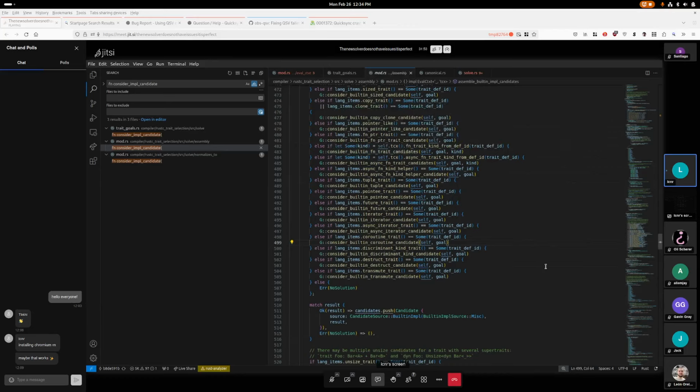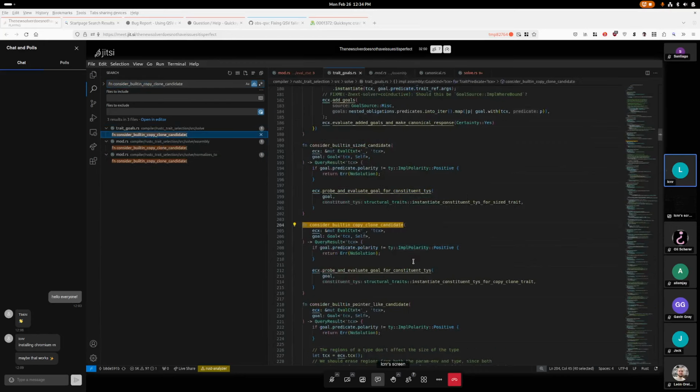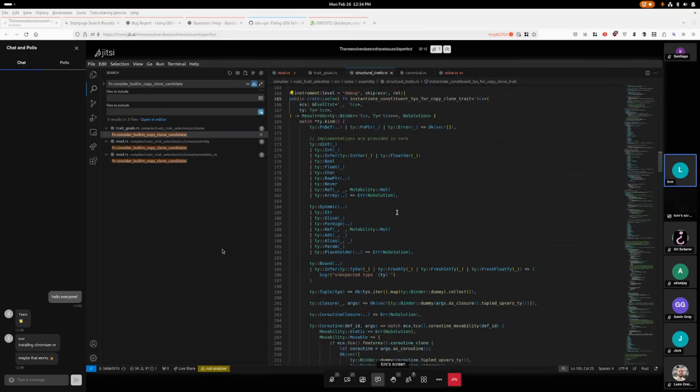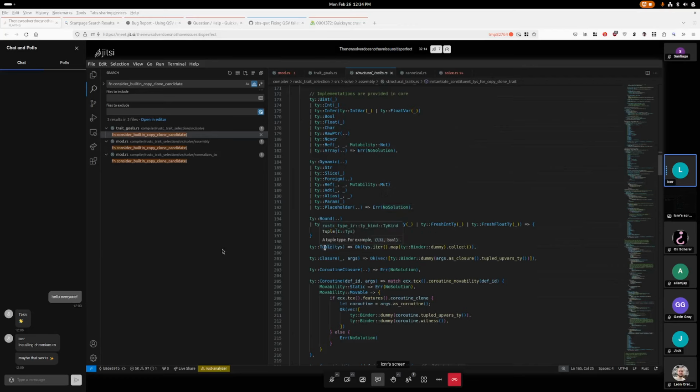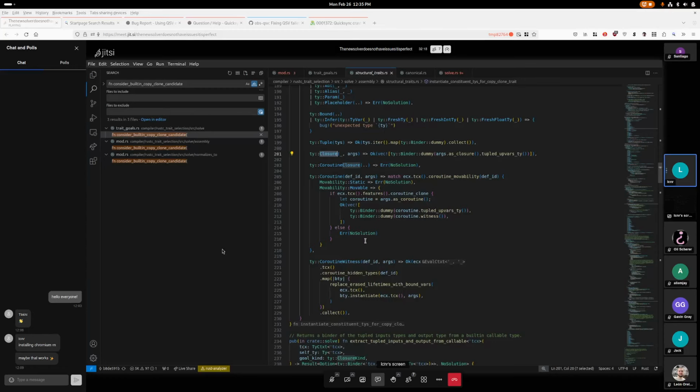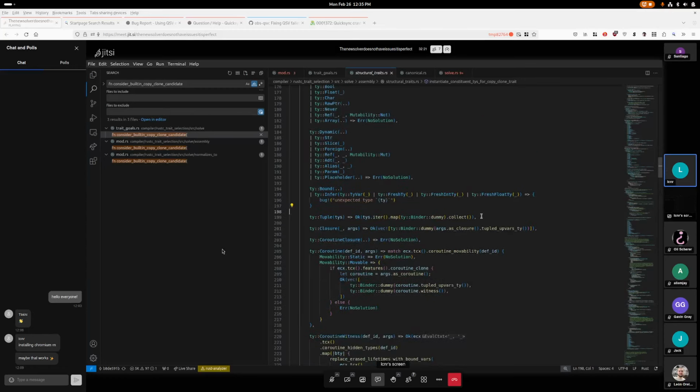I guess a good example of a built-in impl is copy clone. So copy clone impls only exist for tuples, closures, coroutines, apparently. We only have built-in impls if we're not able to write one by hand in the standard library.